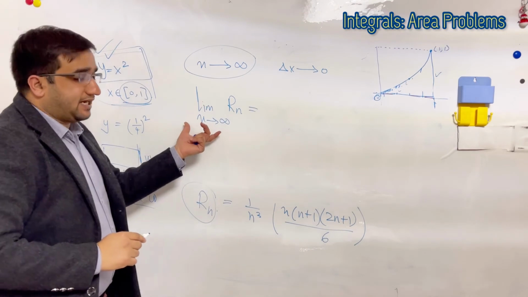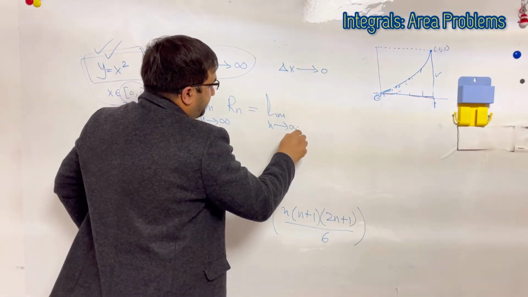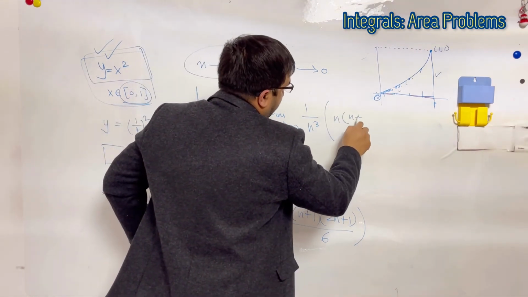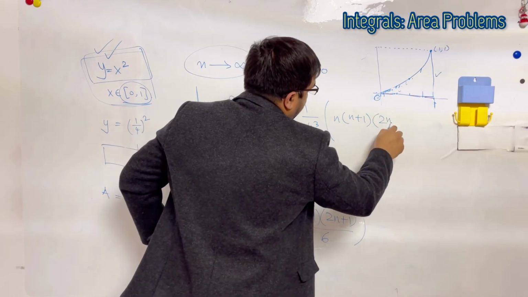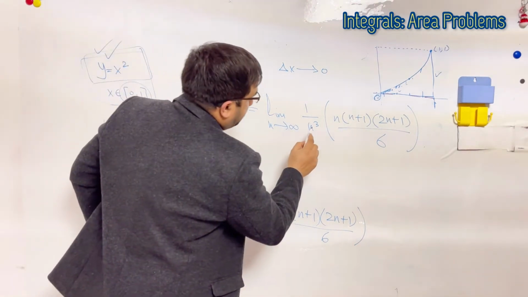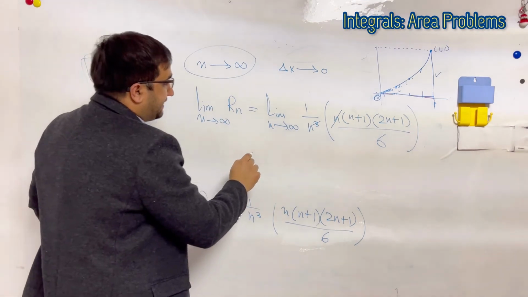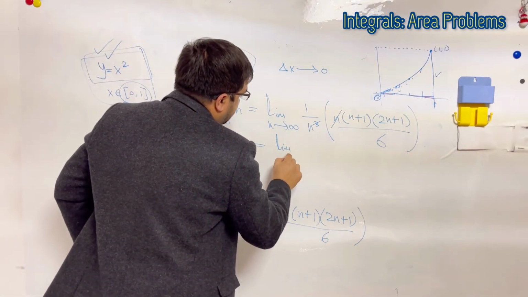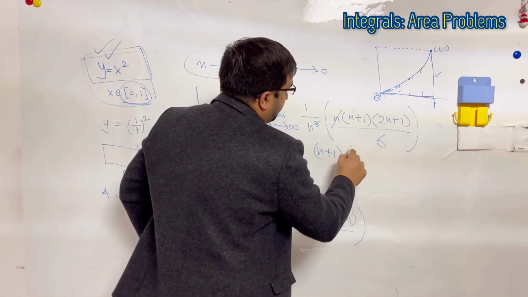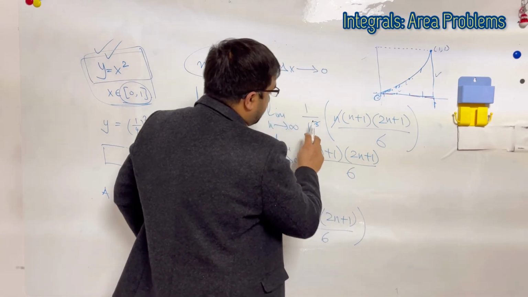So what does this mean? I can simply apply this limit on the right side. That is limit n approaches infinity, 1 by n cube, n into n plus 1 into 2n plus 1 divided by 6. Now one n cancels out, and the leftover is limit n approaches infinity, n plus 1 into 2n plus 1 divided by 6 and n square.